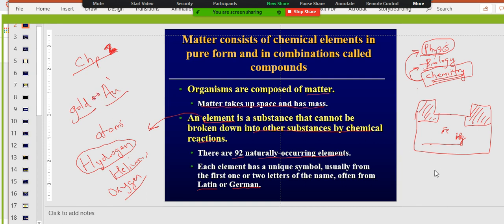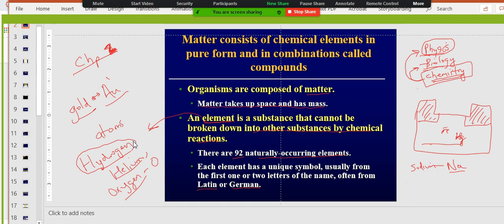Those are the ones that are tricky for students that haven't had chemistry before, because you're going to have to memorize things like sodium, for example. This is from Latin, and so the symbol is Na. And that's not really intuitive. Oxygen, on the other hand, its symbol is O, so that's easy.